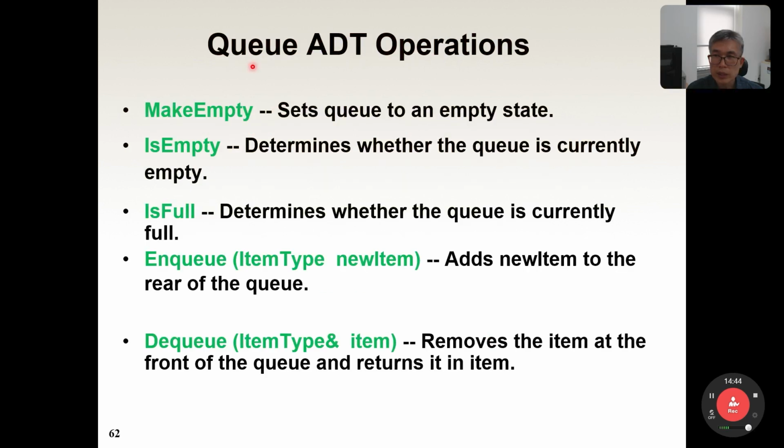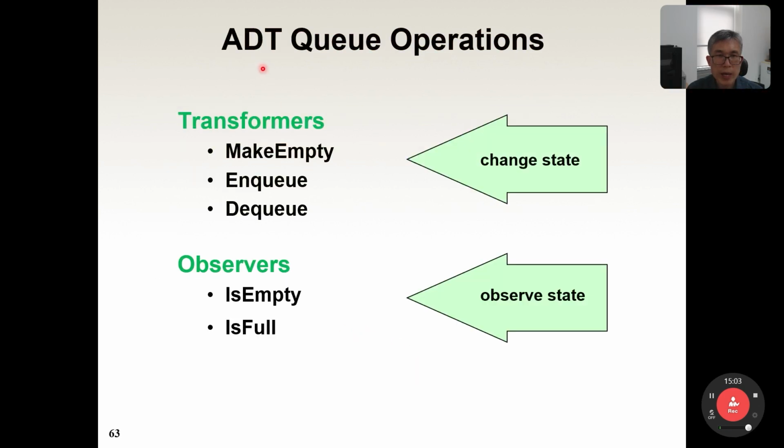So let's take a look at the queue ADT operations such as make empty, is full, enqueue, and dequeue. In the enqueue case, we add a new item into the queue. In the dequeue case we take an item out of the queue. So we have two categories of ADT queue operations. The first is transformers, such as make empty, enqueue, and dequeue. The second category is observers, such as is empty and is full.